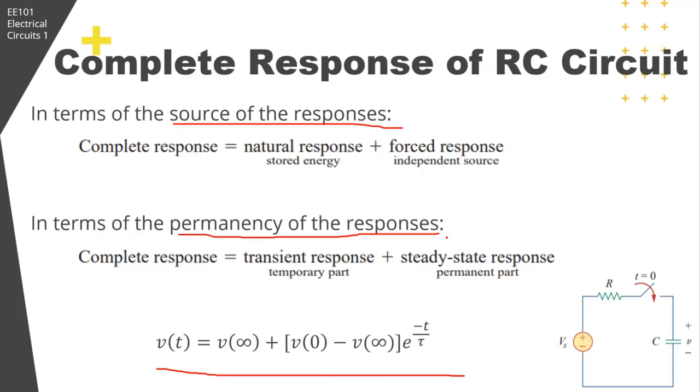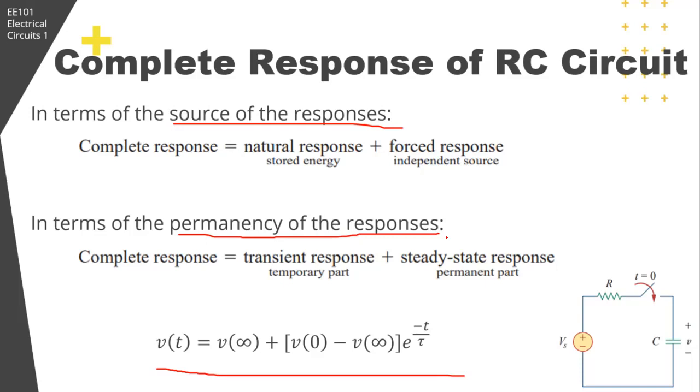Okay, so basically we need three things para ma-compute na to si step response, including na si complete response. First, we need the capacitor voltage at time equal to 0. Then we need the final capacitor voltage and the time constant tau. And always bear this in mind, we get V at 0 from the circuit configuration at time less than 0.